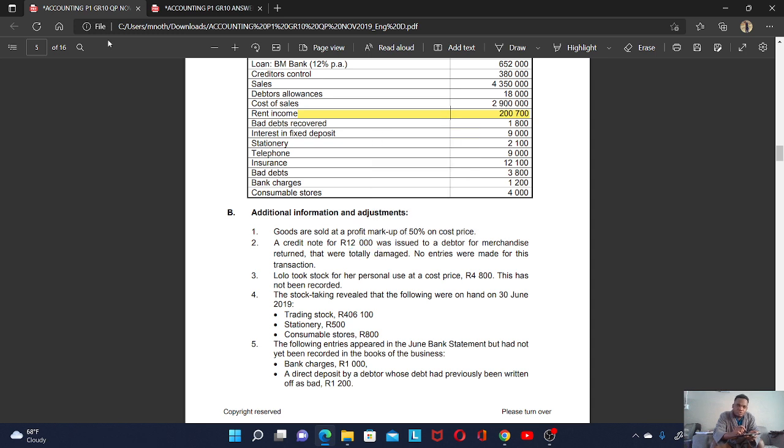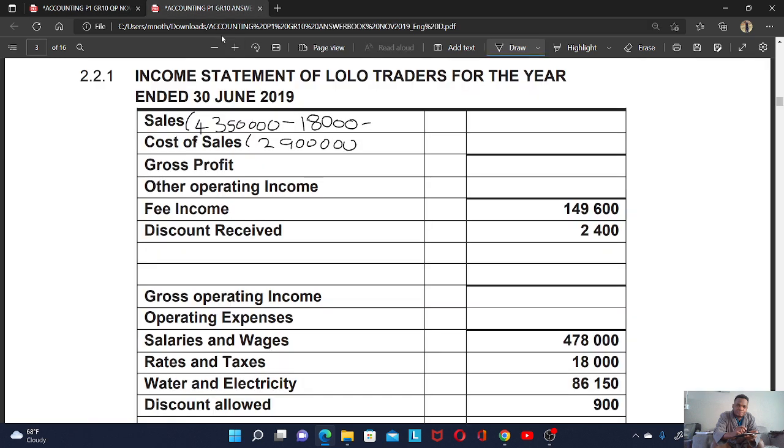So let's go to our income statement. Debtor's allowances, we know that they decrease your sales account. So what is the answer? I'm going to calculate that. So it's 4,220,000.